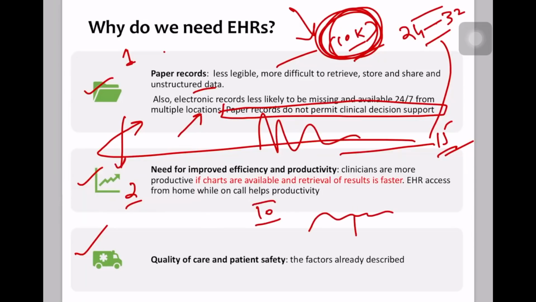If it is drawn in a chart or graph, it would be much easier to keep records and also very understandable and parsable for physicians or people working on that patient. So that would increase efficiency and productivity as well.